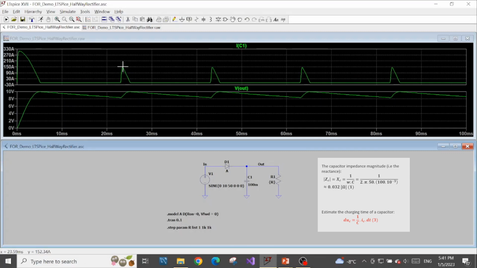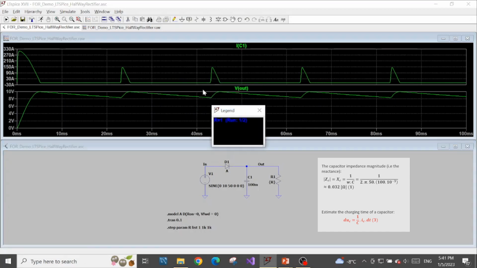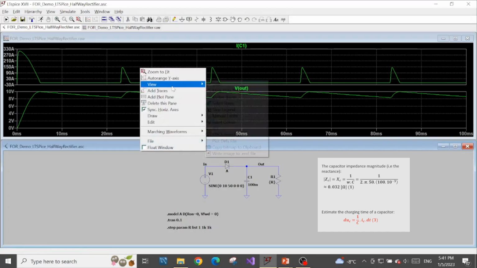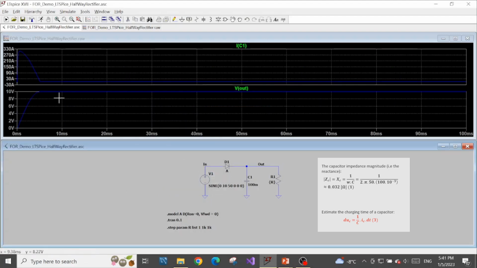We have the current around 150 ampere. Let's view the other case. In this case, the current is like minus 30 ampere, and there's no ripple anymore because it's way too fast.